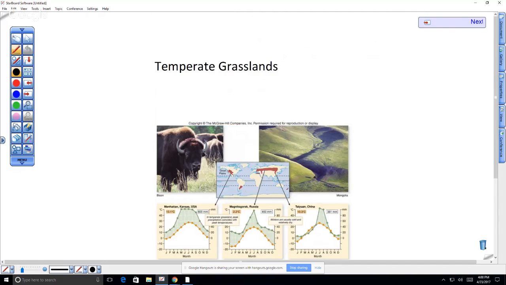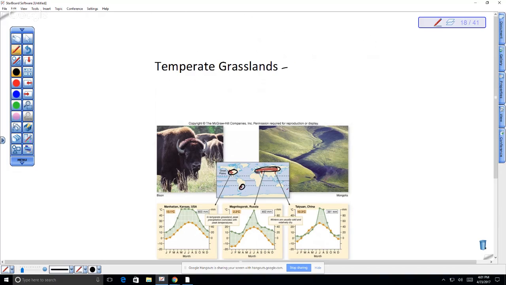Okay. Temperate grasslands. This is what we see in the center of our continent, in North America, in the United States. We also see them over here in Asia and in Europe, and there's also a grassland down in here.